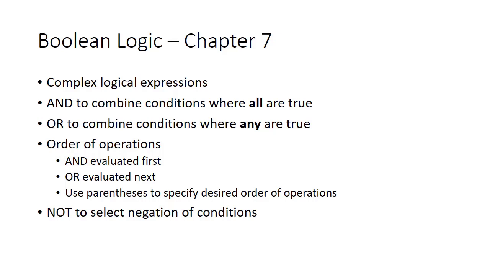The order of operations is important: and is evaluated first if you have a logical expression that includes both and and or; or is evaluated next. My recommendation is to always use parentheses to specify the desired order of operations, and I'll show you some examples where it matters. We use the keyword not to select the negation of conditions.